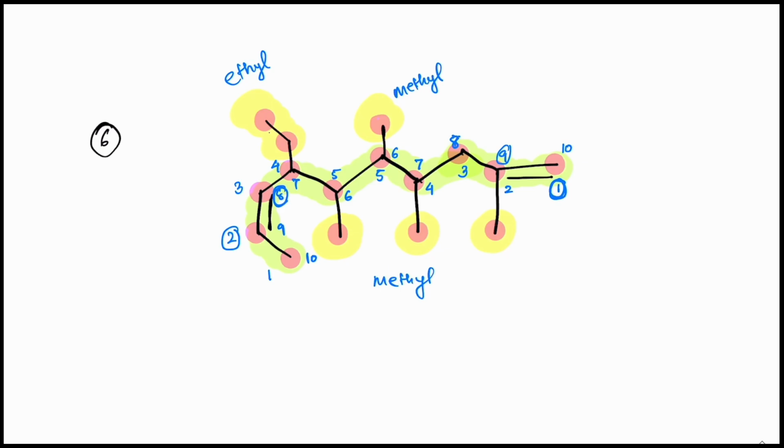So we get the lower number by moving from this direction, and thus we will write our names from moving from the right towards the left.